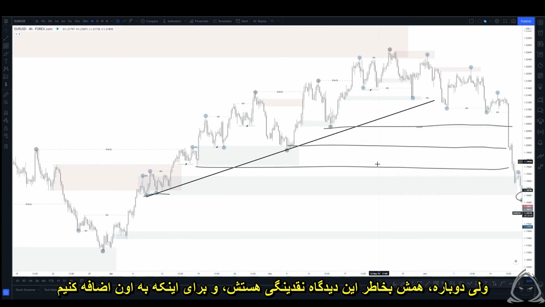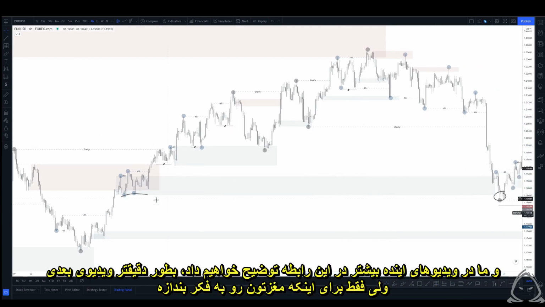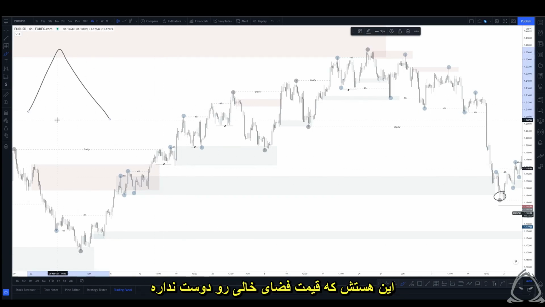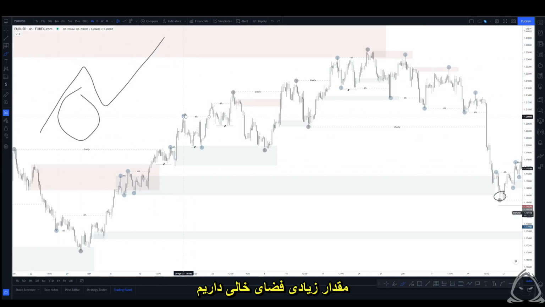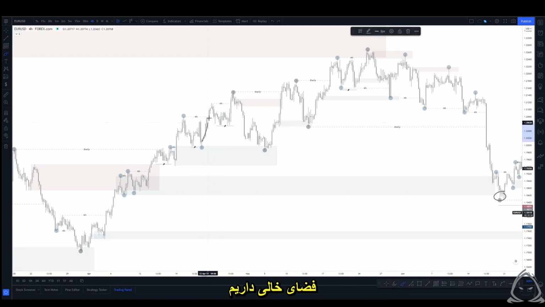And to add on to that, and we'll touch on this more in future liquidity videos, more specifically the next one, just to get your mind thinking, on the concept of pockets of liquidity, on its basic end, price doesn't like empty space. When we create rapid moves, we have a lot of empty space happening. And when we create these sorts of empty space, what do we end up doing?